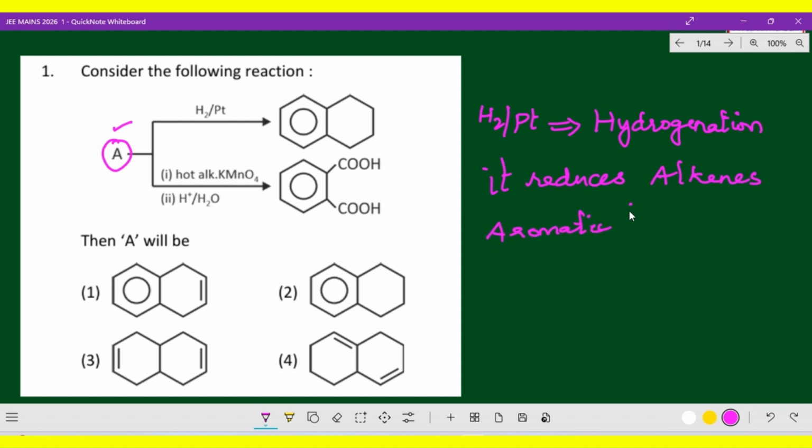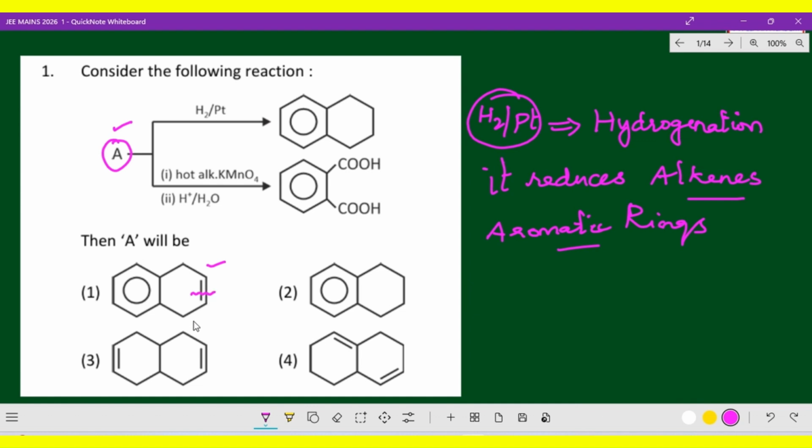This H2/Pt reducing reagent only reduces alkenes and aromatic rings. So the compound must have an alkene, that means a double bond must be present. But here there is no aromatic ring. Here also there is no aromatic ring, only cyclohexane-like structures, only a cycloalkene. But here the aromatic ring is there, but there is no double bond. So we can consider this point.